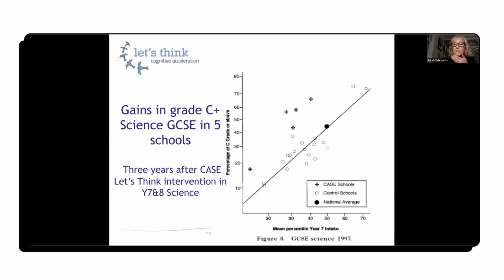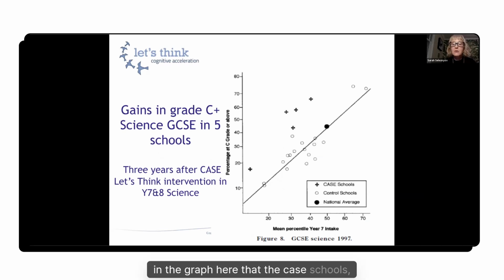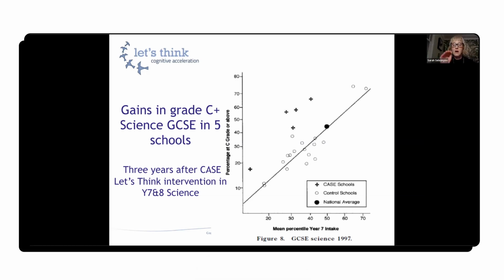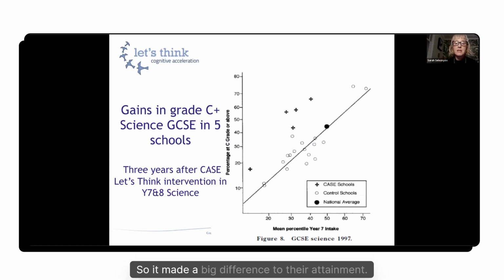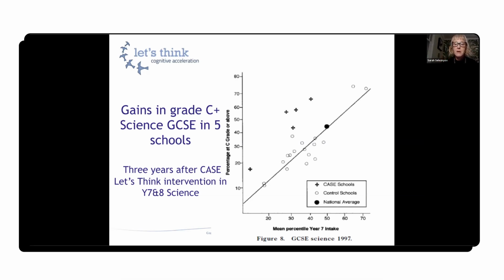You can see in the graph here that the case schools, the ones who were studying the program, were the ones with the little crosses on. And you can see they're way, way above the average schools, and all of the control schools are much, much lower down. So it made a big difference to their attainment after studying case for a couple of years.